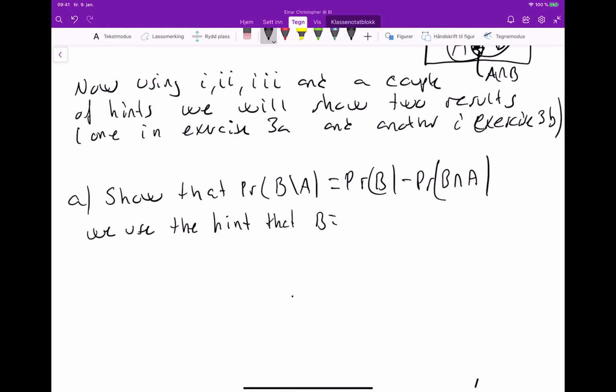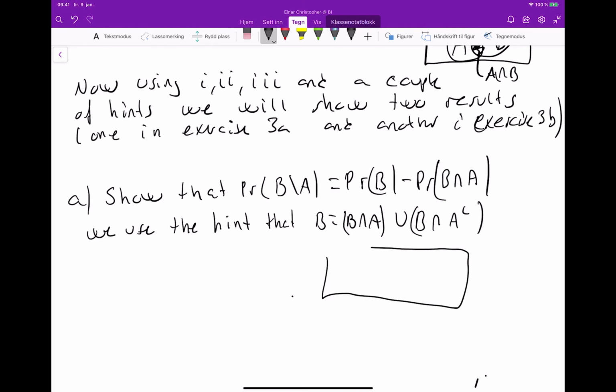B is equal to B and A union B and A complement, like this. Let's visualize that.